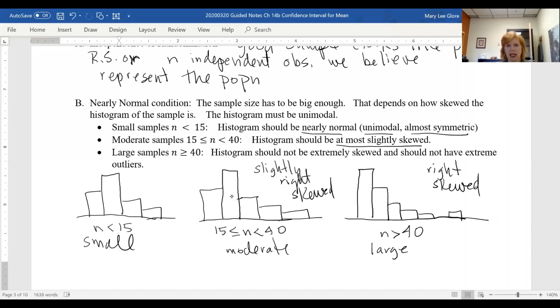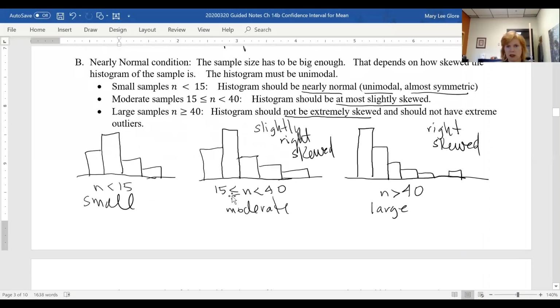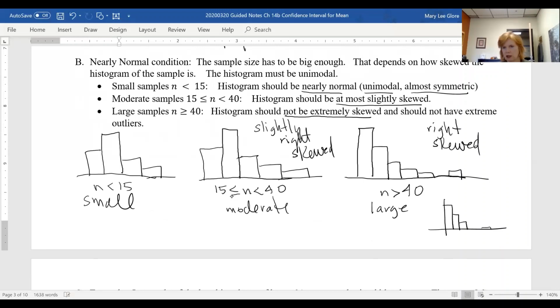For big samples, as long as it's not extremely skewed, as long as it doesn't look like, remember our CEO example? In our CEO example, it was crazy skewed. It had a bunch of values here, and then all these way out there, off the screen.